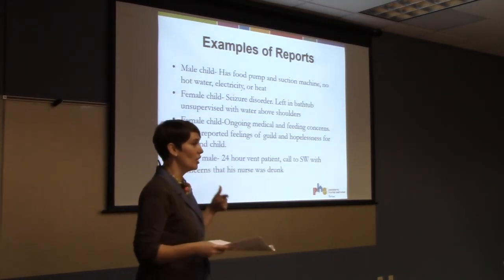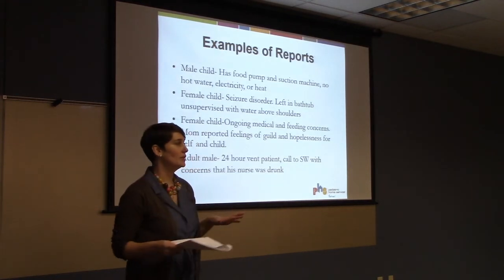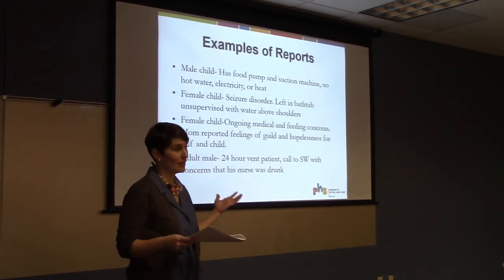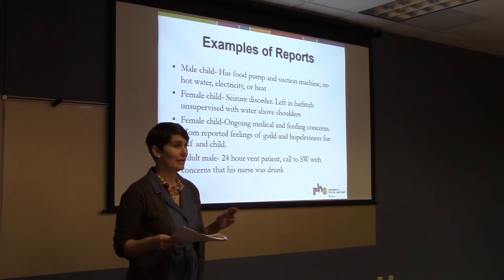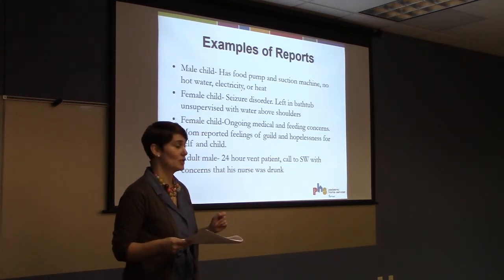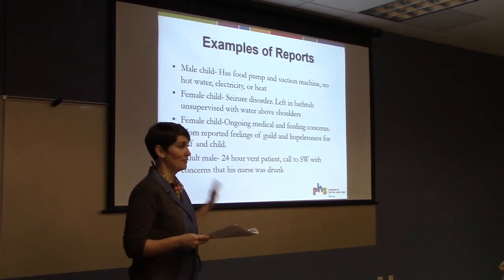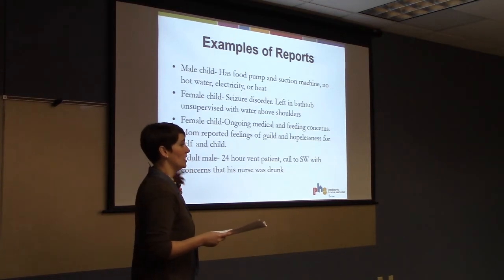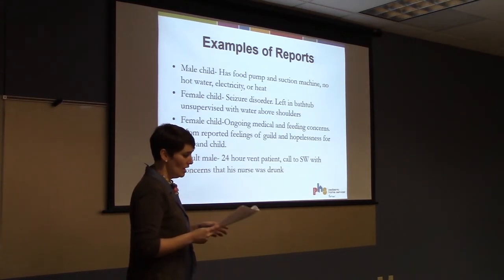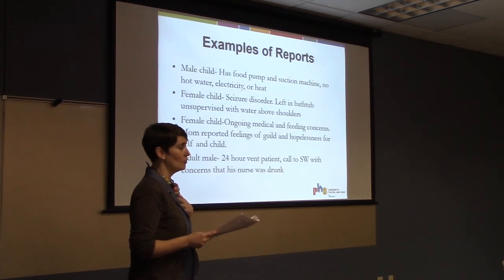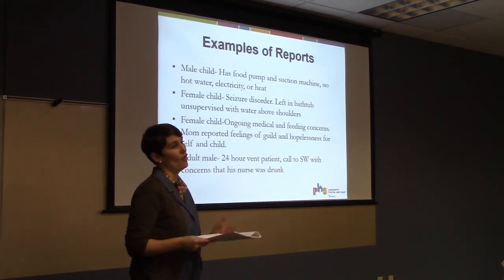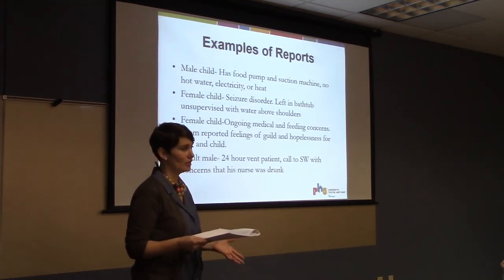Worked with her to figure out resources. Her bills were like $4,000–5,000, so it wasn't anything that was going to get fixed anytime soon. Not a safe care plan for this kiddo with the suction machine and cleaning supplies and all that stuff. And so I was able to let mom know I needed to make a child abuse report.